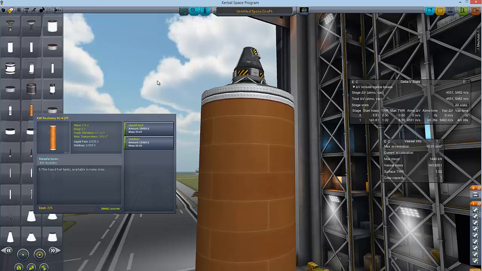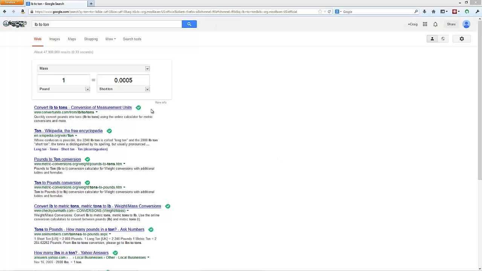And when you're dealing with your rocket outside, like a hobby rocket or whatnot, let me bring that up. What you could do if you've got a hobby rocket and are trying to get that thing up, you can go to Google and put pound to ton or ton to pound, and say you've got a 30-pound whatever, which is pretty big, and you can see that is 0.0515 ton, and you can get your calculations like that.